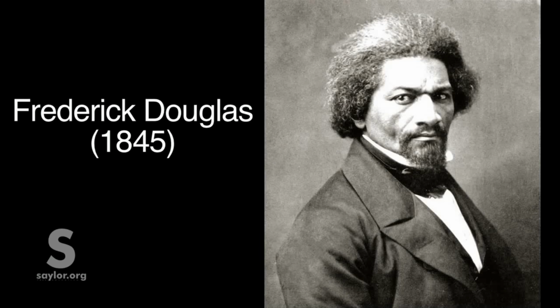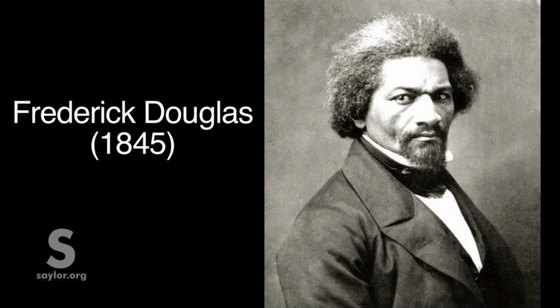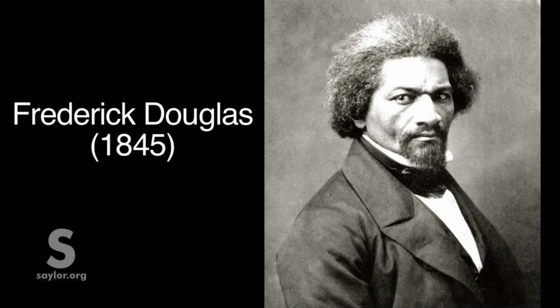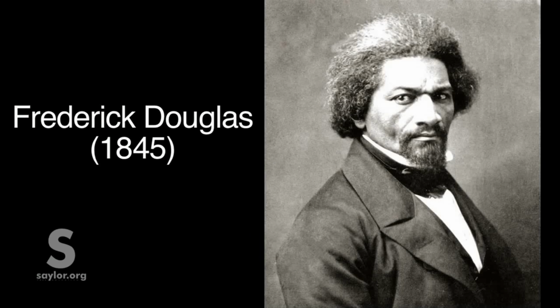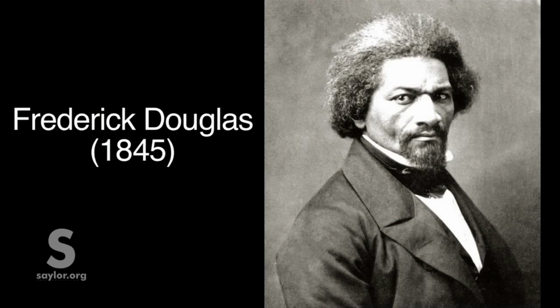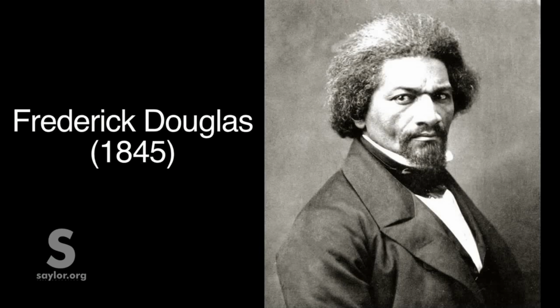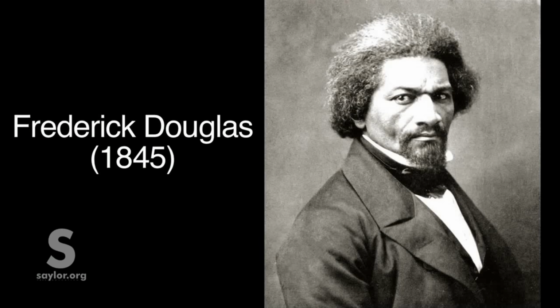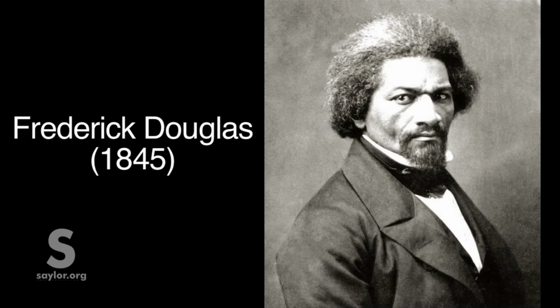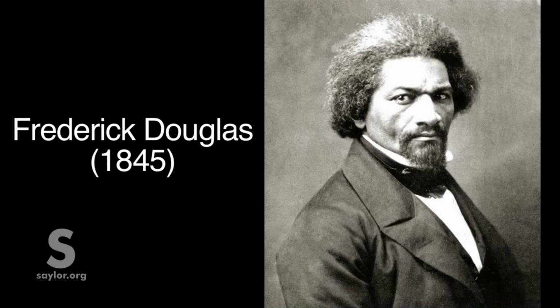Now, Frederick Douglass came to believe that slavery was not going to be abolished without violence. In fact, as early as 1847, in a discussion with the abolitionist John Brown, he agreed with John Brown that maybe a massive slave rebellion in the South would be the only way to end the institution of slavery.